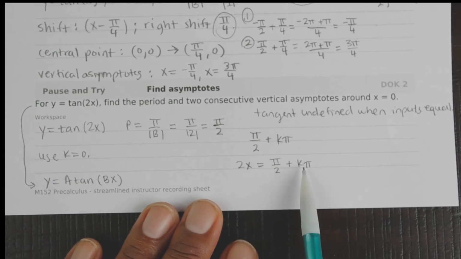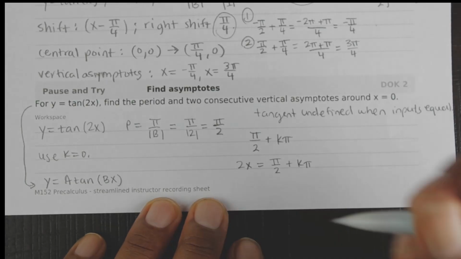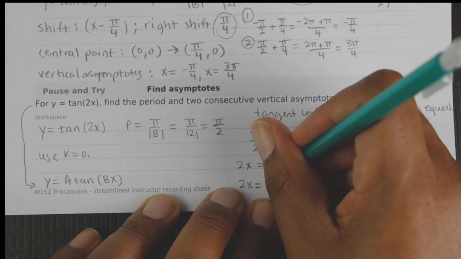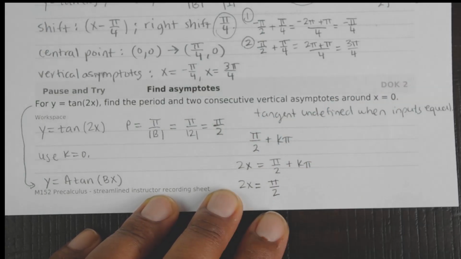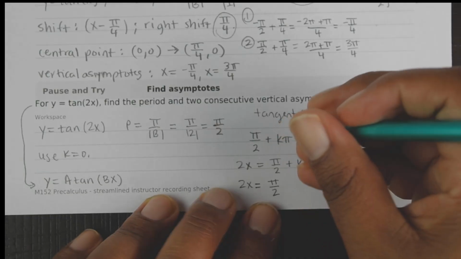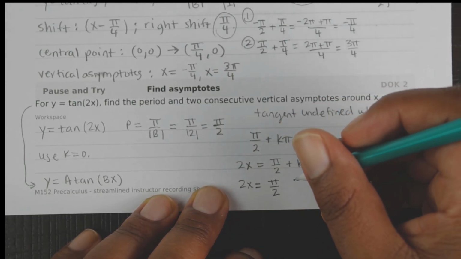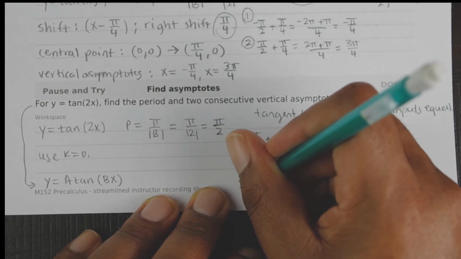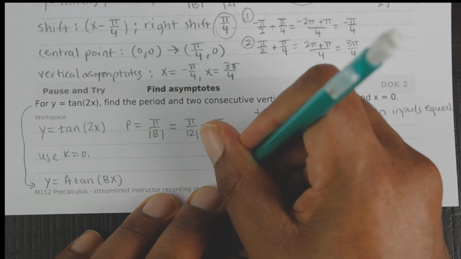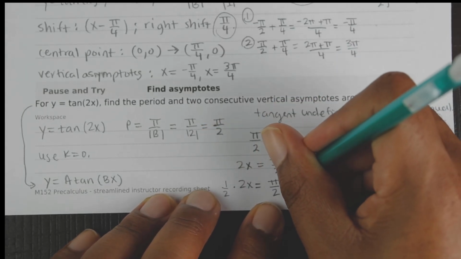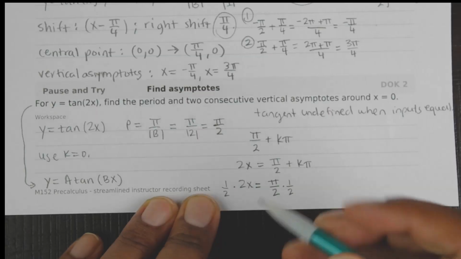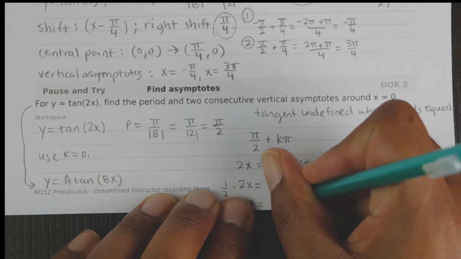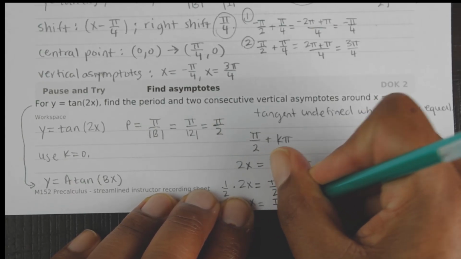So if k is equal to 0, what does that look like? That looks like 2x equals pi over 2. Then we can multiply both sides by 1/2 to get rid of this 2 over here. That leaves us with x equals pi over 4.